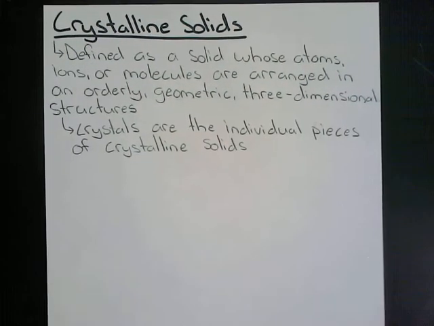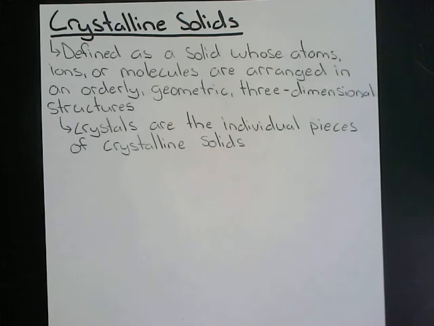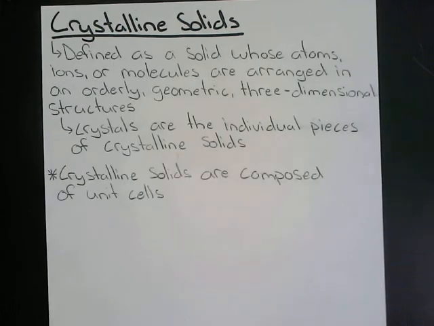Crystalline solids are composed of unit cells. Unit cells are defined as the smallest arrangement of connected points that can be repeated in three directions to form the lattice.